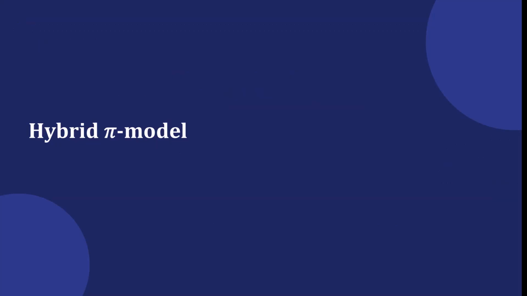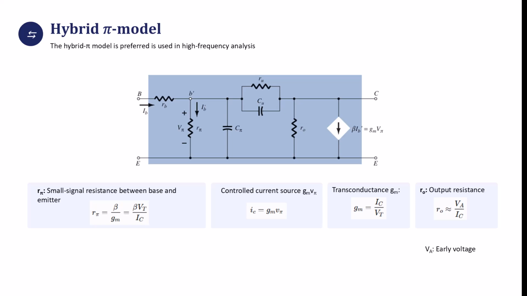Next, let's look at the hybrid pi model. The hybrid pi model is preferred for use in high-frequency analysis. In this model, R pi is the small signal resistance between the base and emitter, given by R pi equals beta over Gm, which equals beta times Vt over Ic.